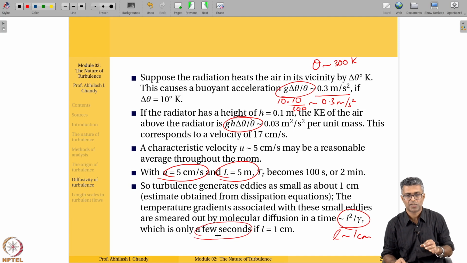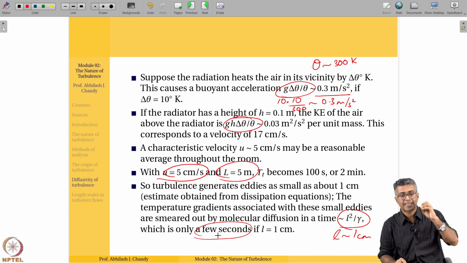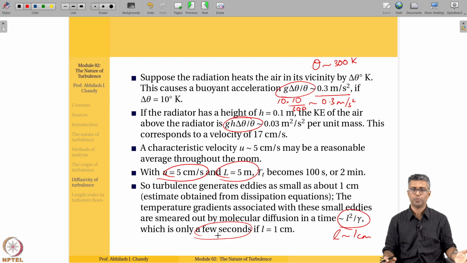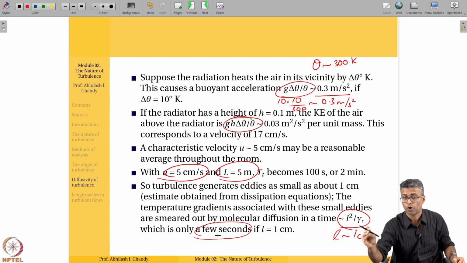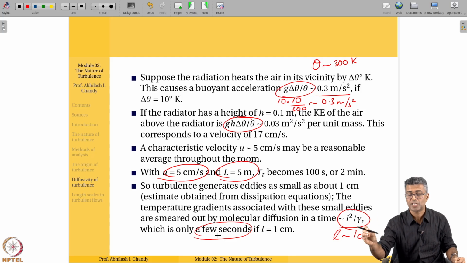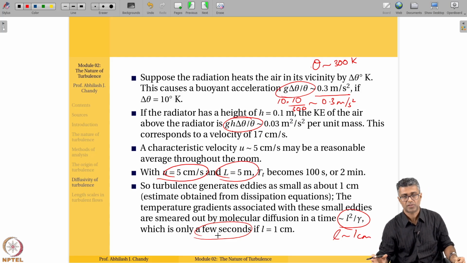So what are we trying to say here? The time scale for heat to be distributed in a turbulent flow is of the order of 2 minutes, much faster than in a laminar flow where you only have molecular diffusion. And the time scale at which the smallest eddies, of the order of 1 centimeter, dissipate due to molecular diffusion is a few seconds.